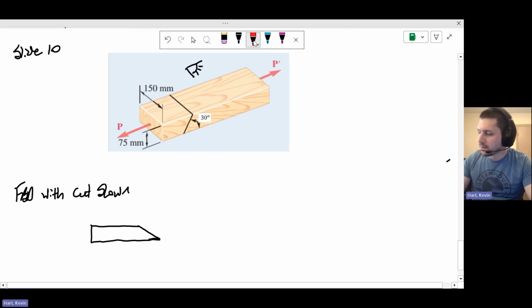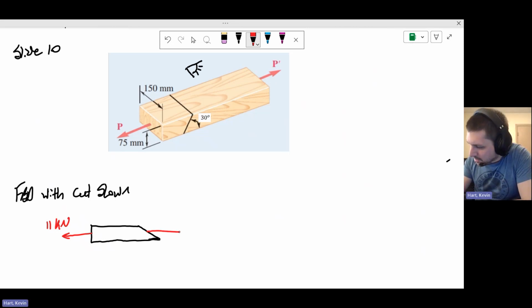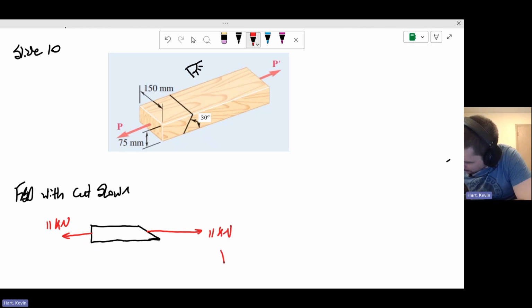Okay. So we got our load P, which is a known load of 11 kilonewtons. And then in order for equilibrium to hold, I would have to have a load that exists along that x-axis equal and opposite, which here would be 11 kilonewtons. This is required for equilibrium.